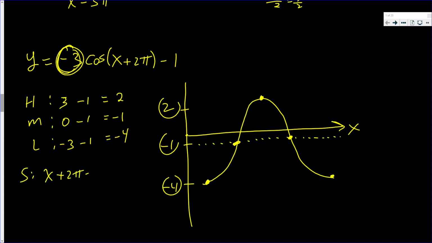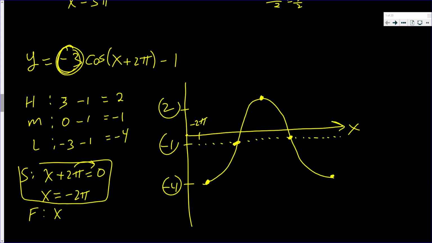Okay. So where does this graph start? x plus 2 pi is 0. Bring that over. So it starts at -2 pi. -2 pi. Okay? And where does it finish? What plus 2 pi gives you 2 pi? Well, that's pretty nice. That's 0.